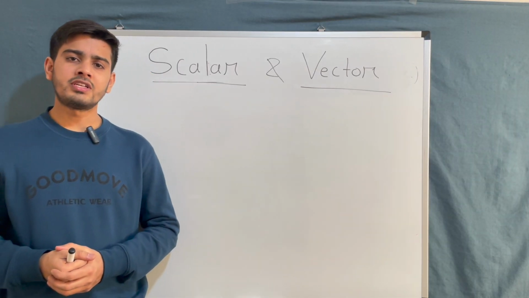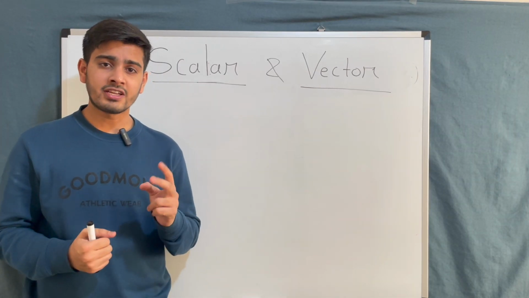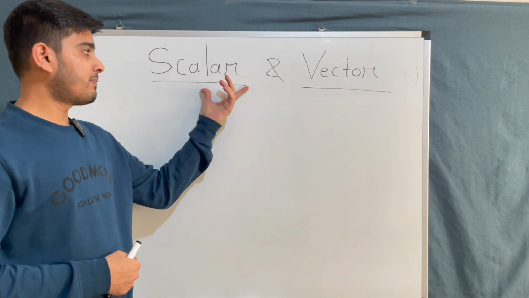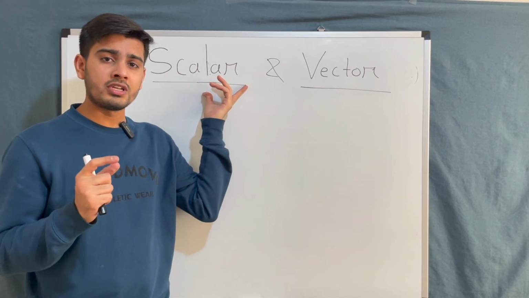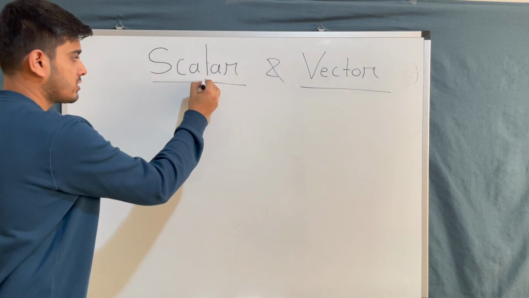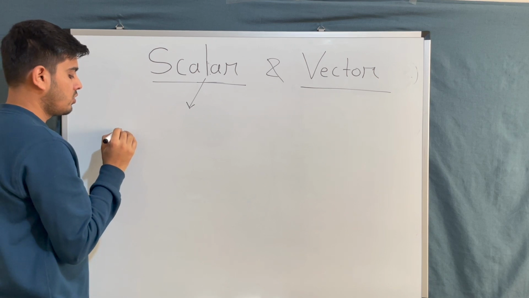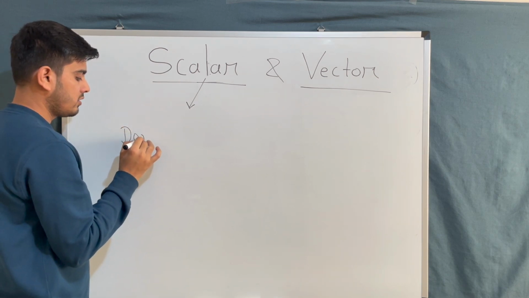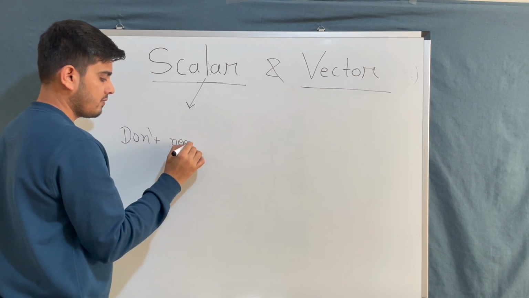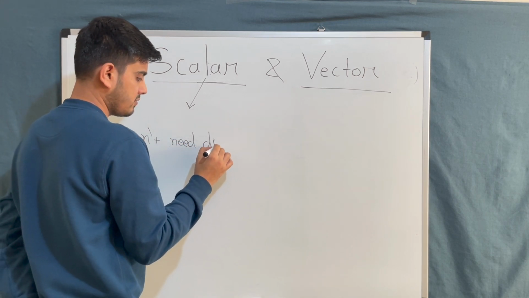All the physical quantities are divided into two major categories: scalar quantities and vector quantities. Simply, scalar quantities are those quantities which do not need direction. So I can say scalar quantities don't need direction.